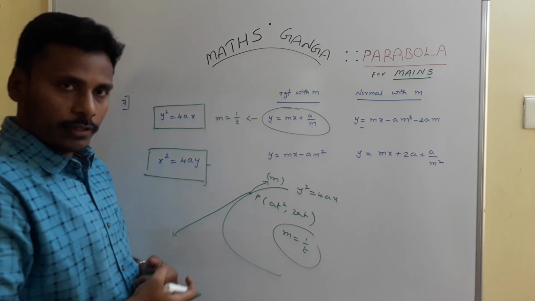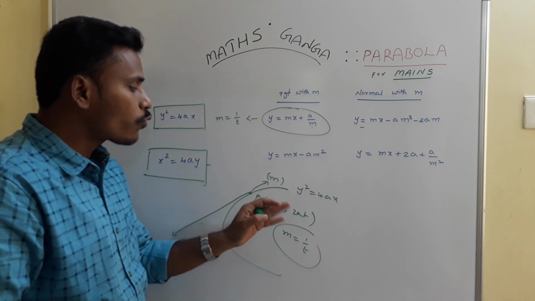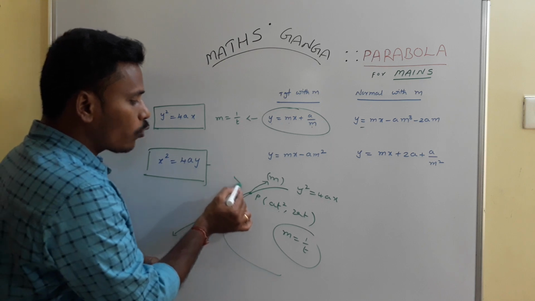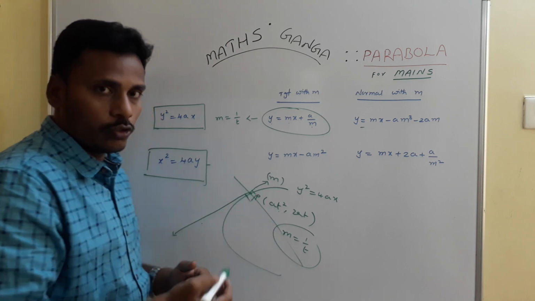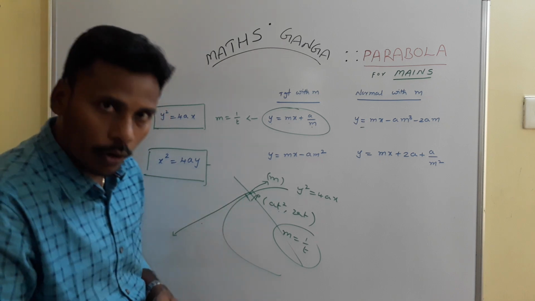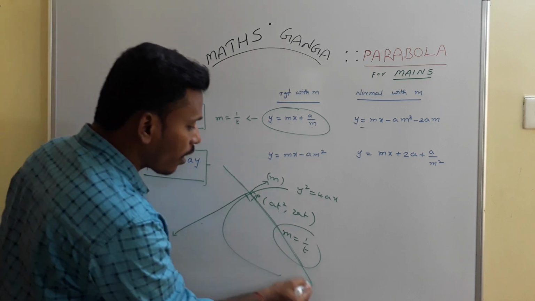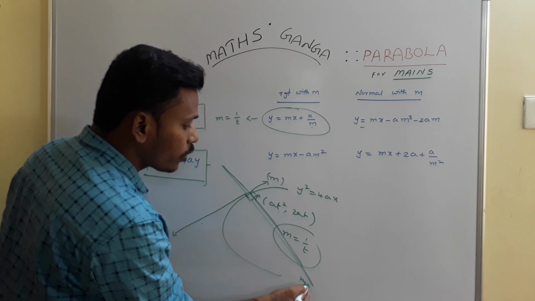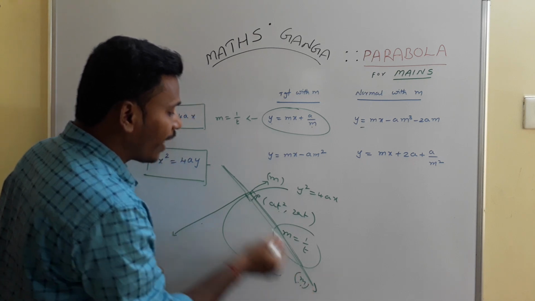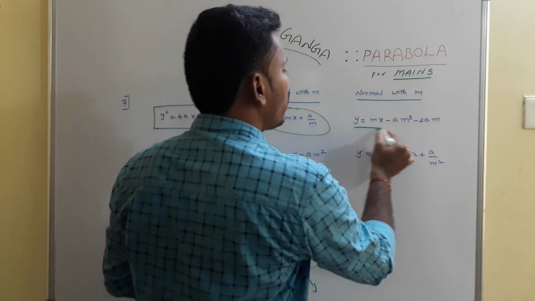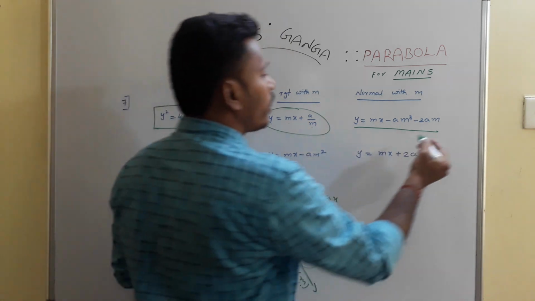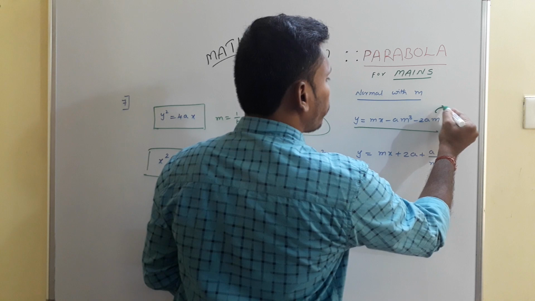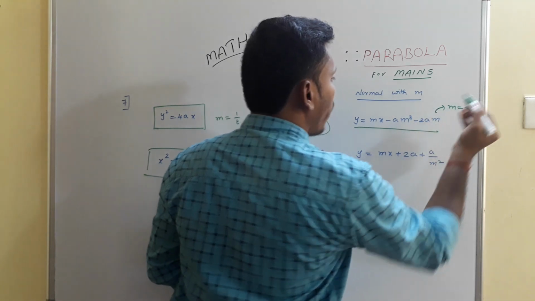In the same pattern, at a point P (at square, 2at), if you draw a normal, the normal is perpendicular to the tangent, as you know, and passes through that particular point. If the slope of this normal is m, then the equation of the normal is given by this equation, and in this case, the relation between the slope and t is given by m is equals to minus t.